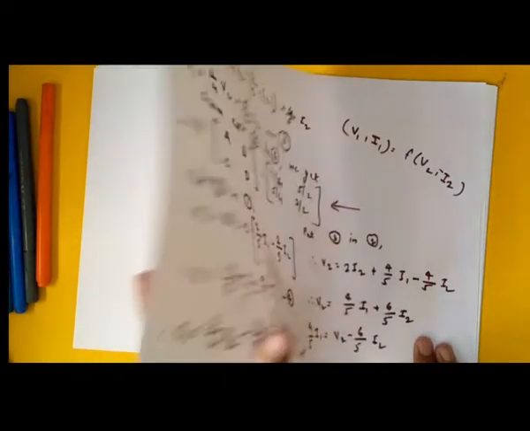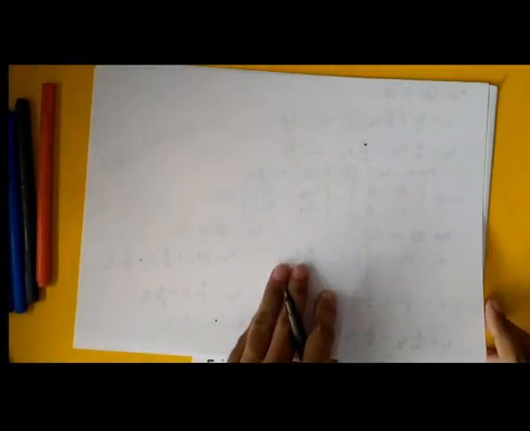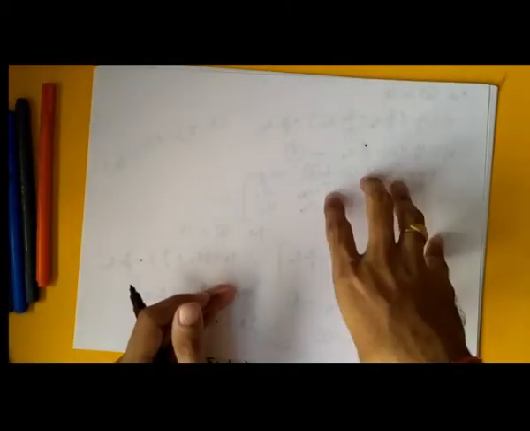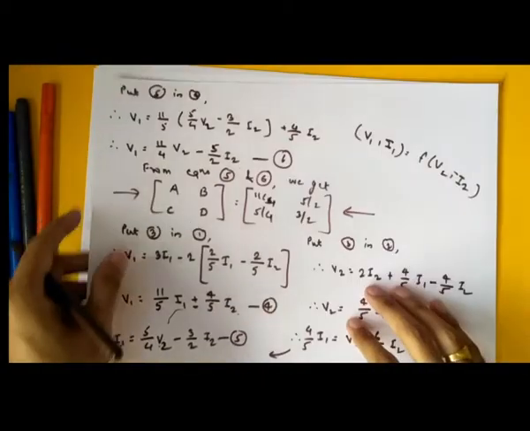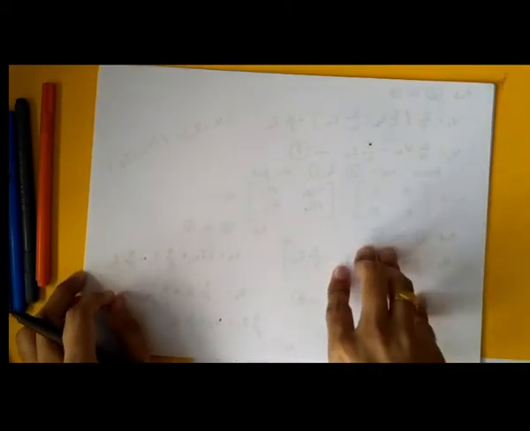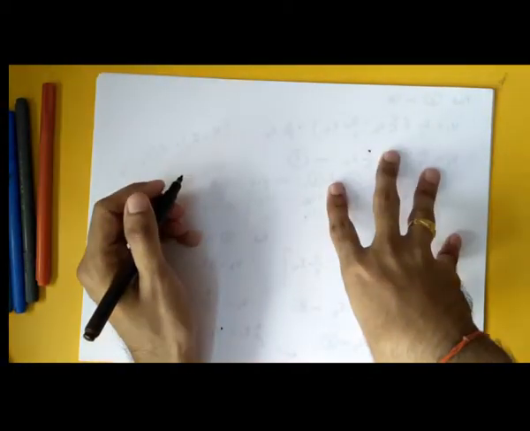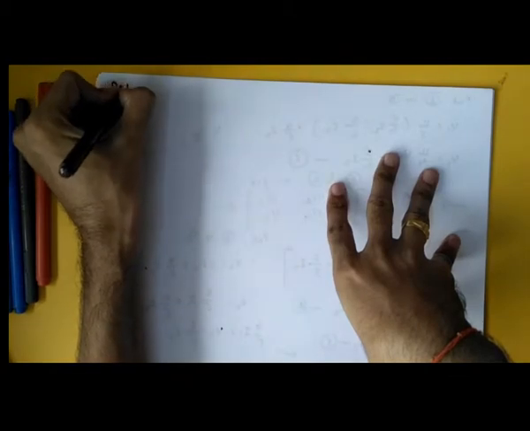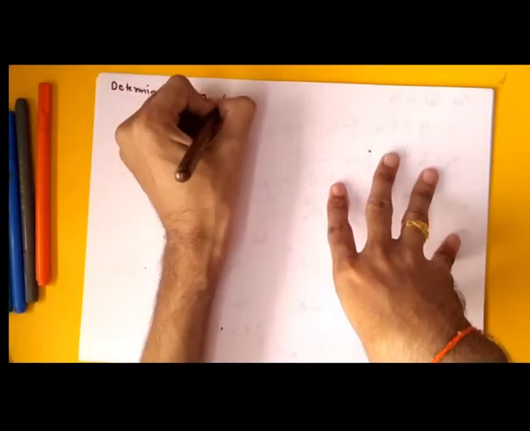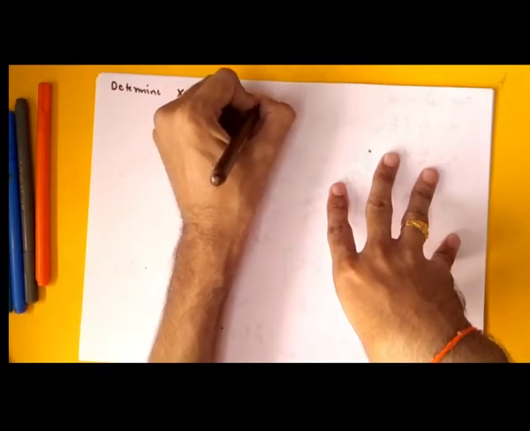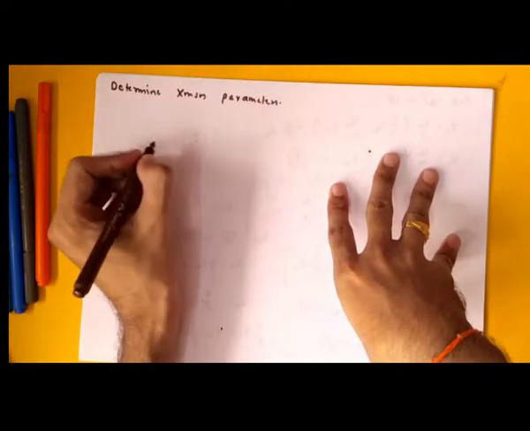So let's take one more sum for the day and then we can stop. So if you observe, we had only resistors in these two sums, right? So there were no inductors or capacitors. So let's take one sum of that type so that everything is covered. So again same question. Determine transmission parameters.